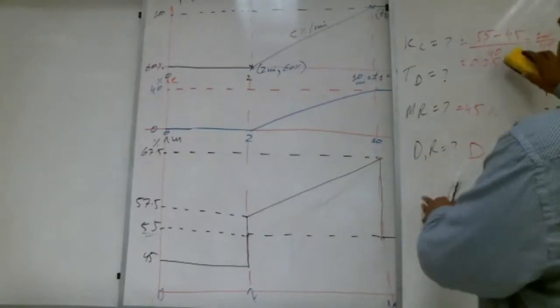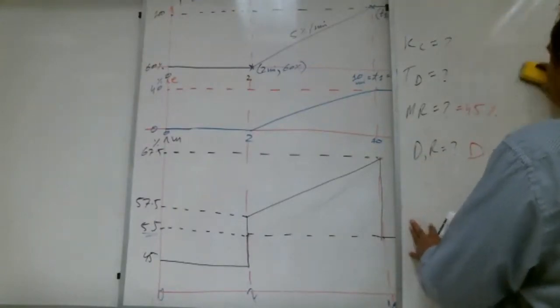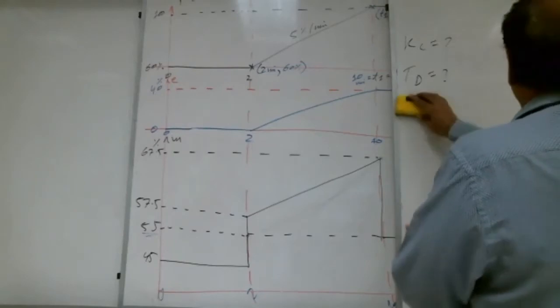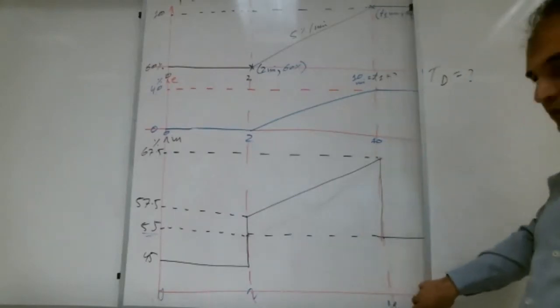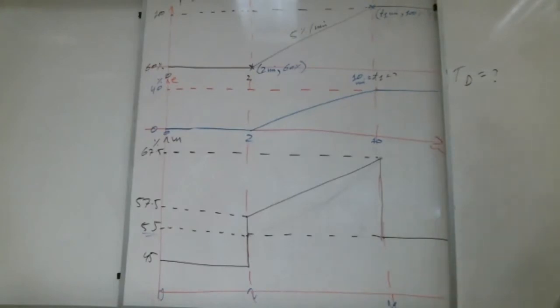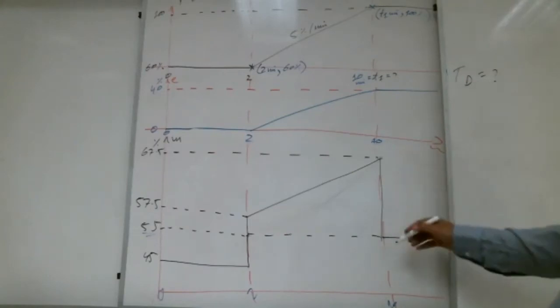Okay, Shabab, what is left now? What is left with us? TD. Right. How to find the TD, Shabab? How do we find the TD? Where is the TD here on the graph? Where is TD?